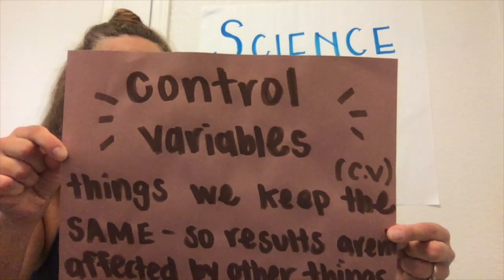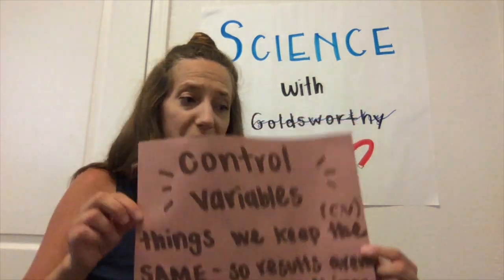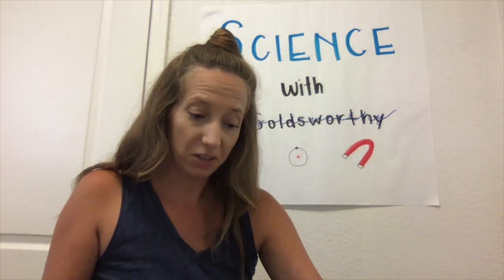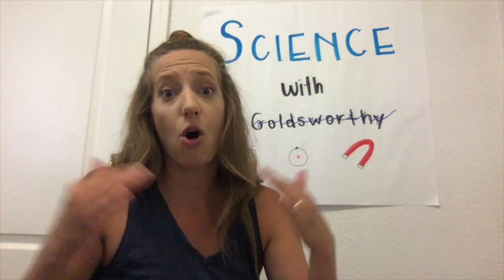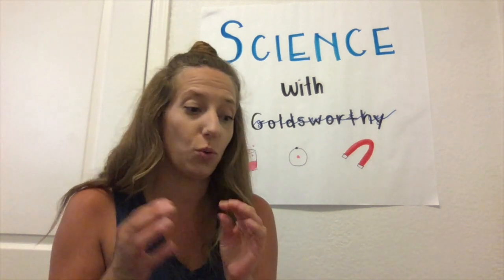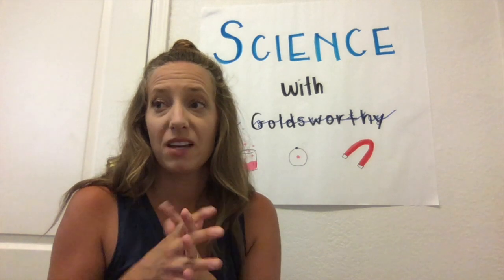In control variables, you're going to have more than one. Control variables, you want to make sure that you're listing all things that you can think of to try and keep the same to reduce any influences or other factors affecting results.